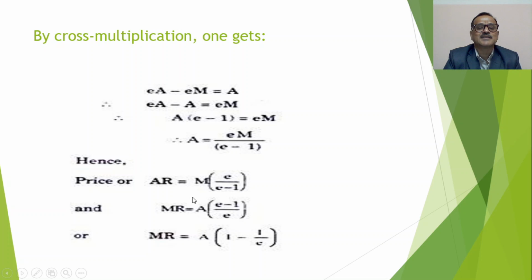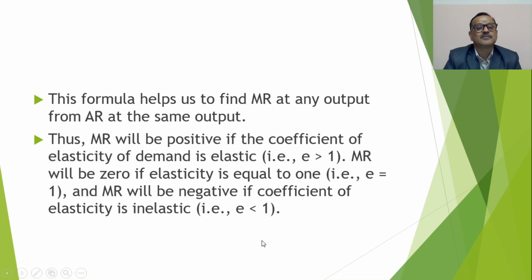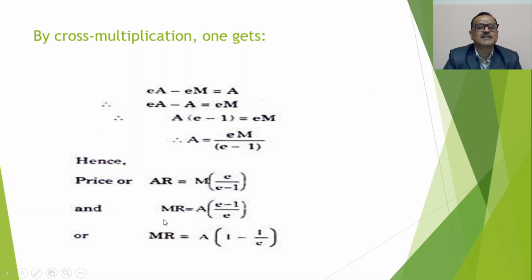Or if we extend this, marginal revenue equal to A into E minus 1 upon E, or marginal revenue equal to A into 1 minus 1 upon E. This formula helps us to find MR at any point from AR at the same point.